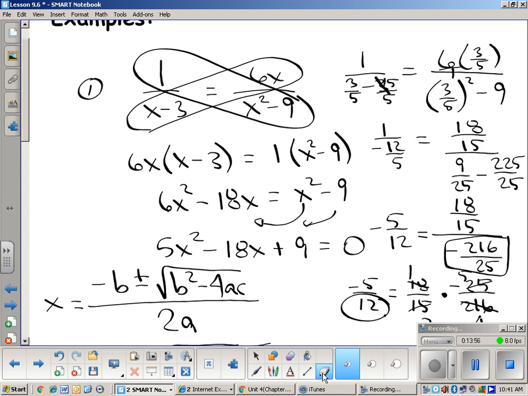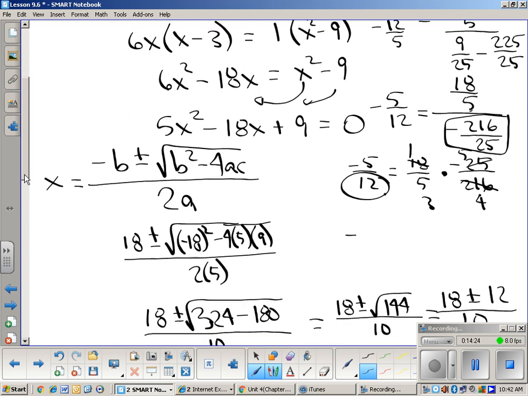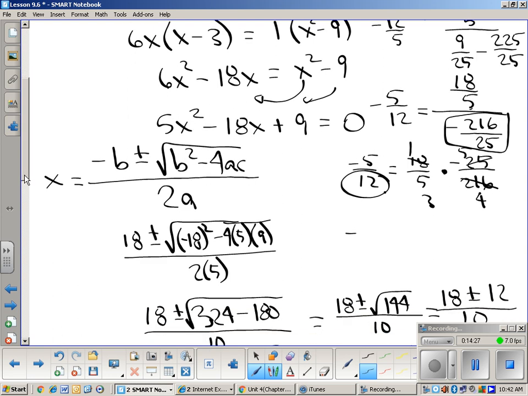Way up here. 6 over 1 times 3 over 5 is 18 over 5, not 18 over 15. Yep, sorry. I put 18 over 5 the whole time until the last problem. Well, that's good. Then that 5 becomes a 1. There we go.